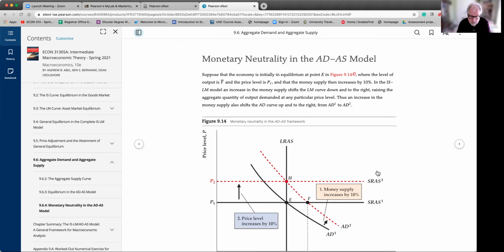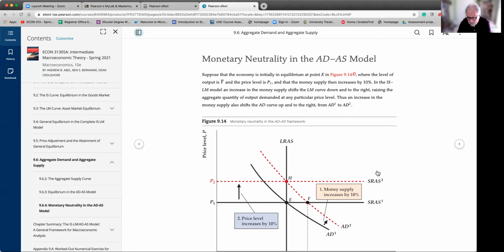But that is the real question: what is the role of policy making in the macroeconomy? And the answer to that for economists depends on whether you believe that prices adjust quickly in the economy to bring about equilibrium at full employment, or whether prices adjust slowly. At the end of the day, that's really the question, and that's really the difference between Keynesians and classicals in terms of how they view the world.